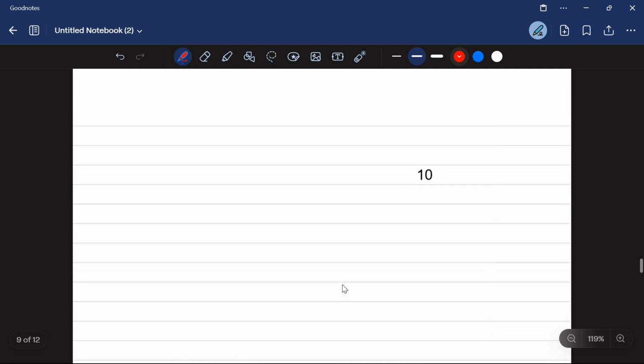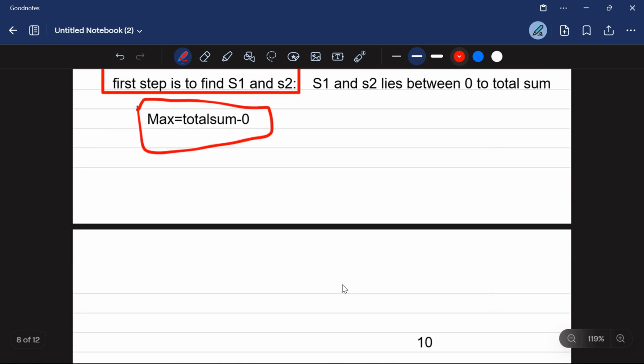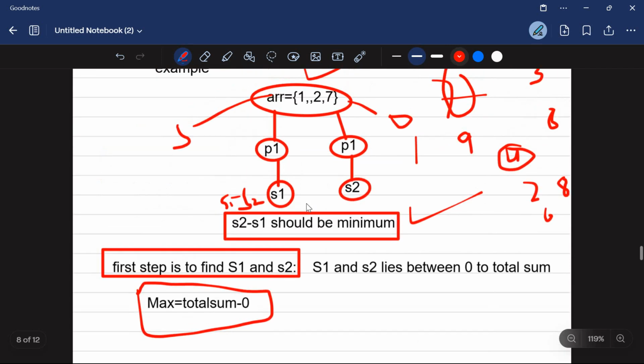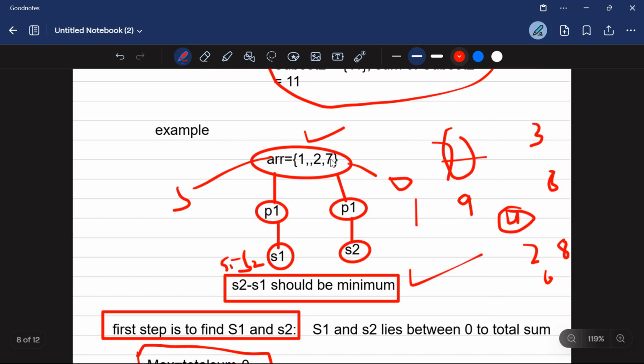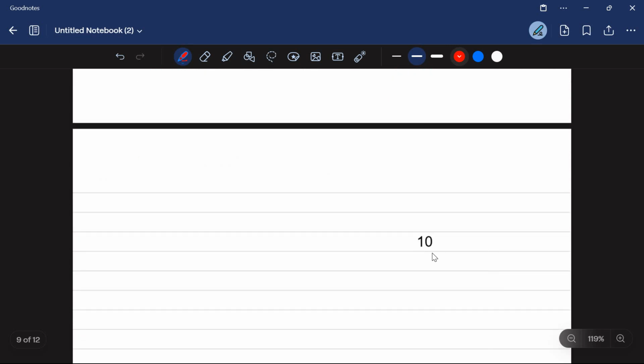So let's go to the next step. I have a sum. What is the sum of this array? 1 plus 2 plus 7 is equal to 10. Let's draw a line.